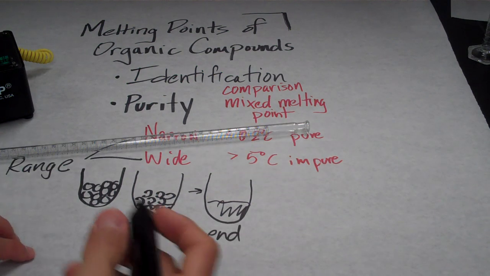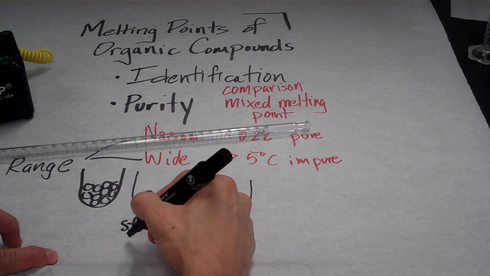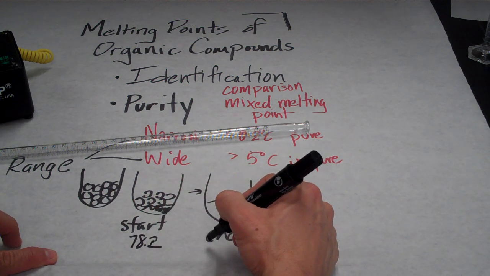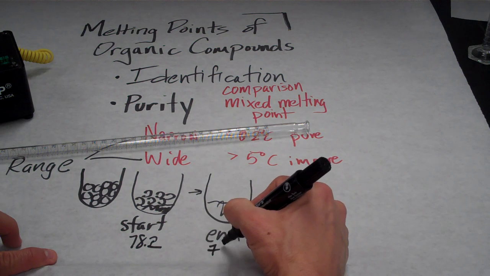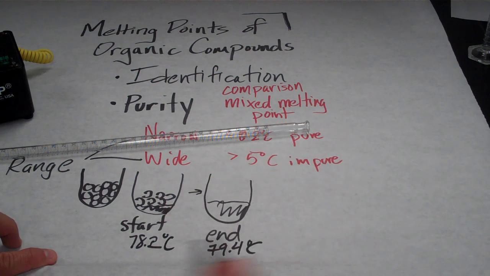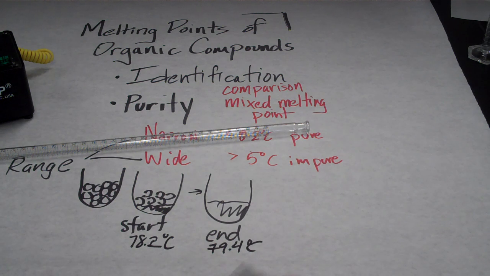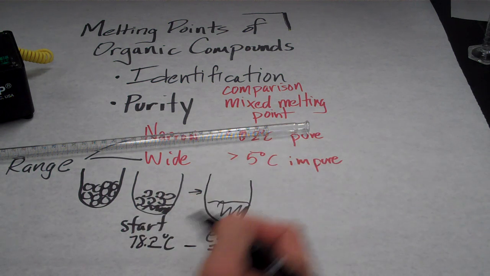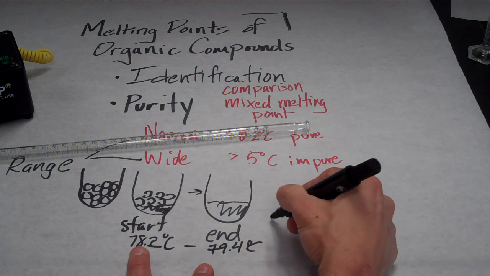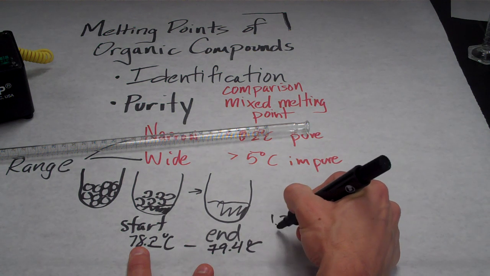And so if this first value occurred at, let's say, 78.2, and this value occurred at 79.4 degrees Celsius, the melting point range would be 78.2 to 79.4. You don't average them, you report that range. This range is 1.2 degrees Celsius wide.